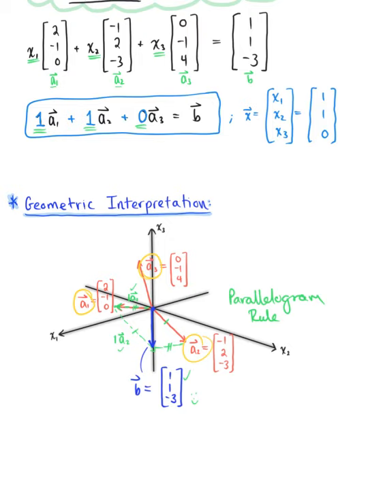For every vector B in space, we will always be able to find a linear combination of the columns of matrix A to produce that vector B. Now formally, what this question is asking or saying is, do the columns of matrix A span 3 dimensions?